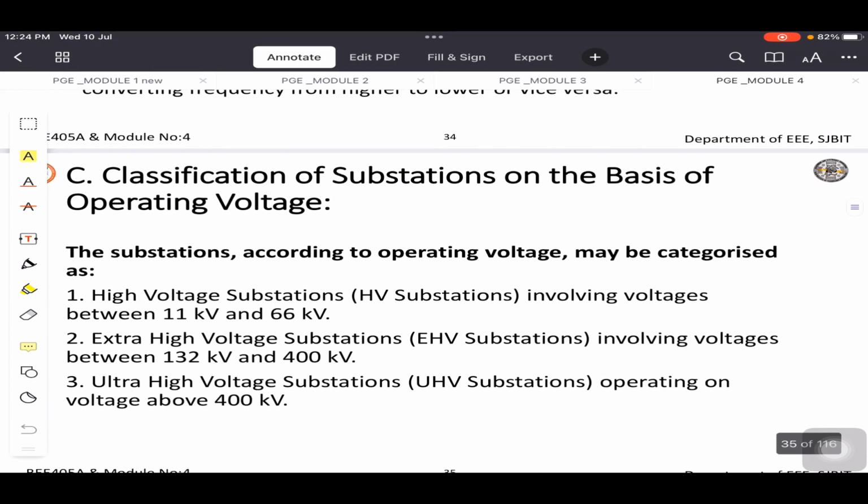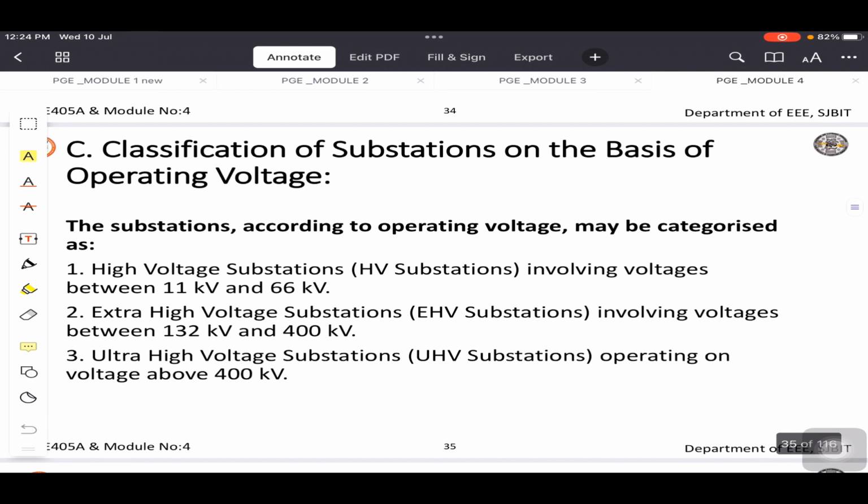Next classification, that is classification of substation on the basis of operating voltages. So on what voltage we operate. They are categorized as high voltage substations, that is HV. Here the voltages are generally 11 kV and 66 kV. And we have the second one, extra high voltage substation, that is EHV substation.